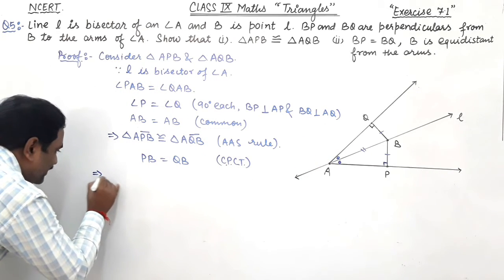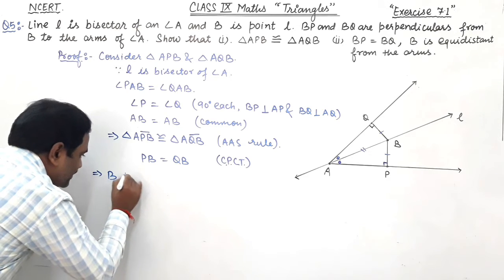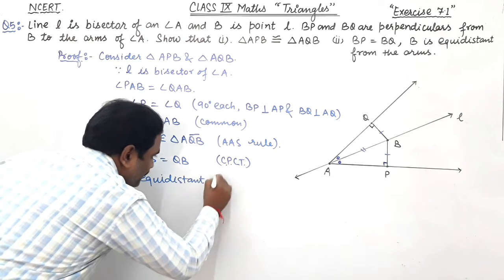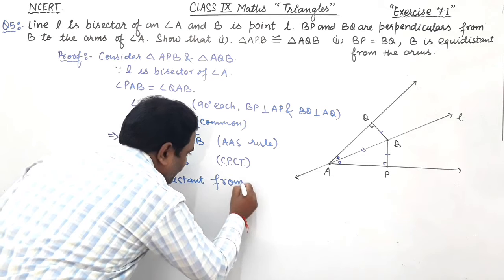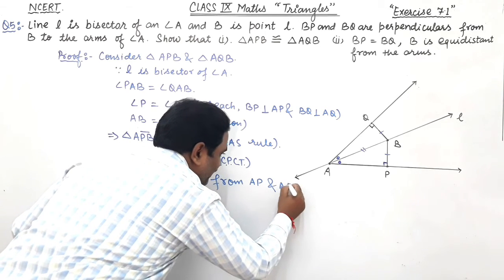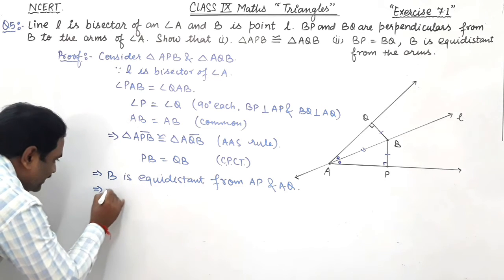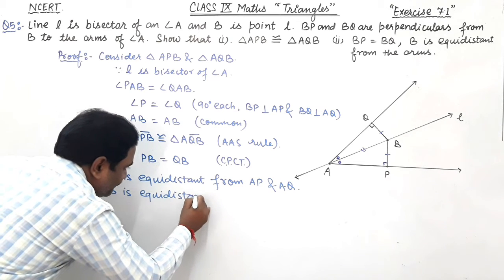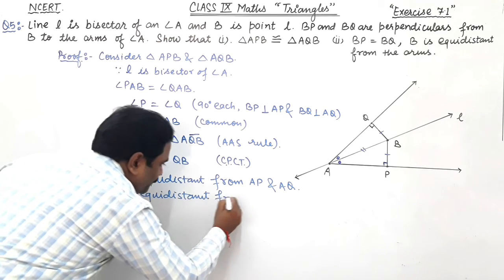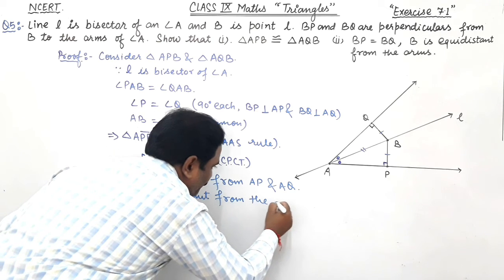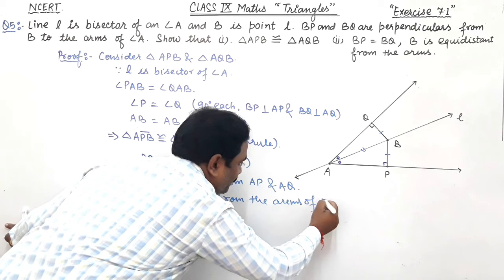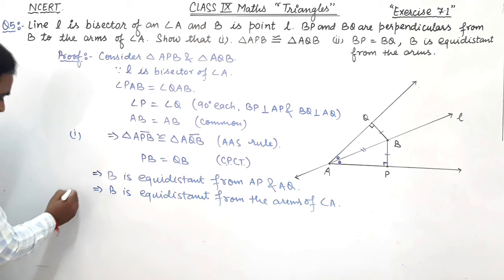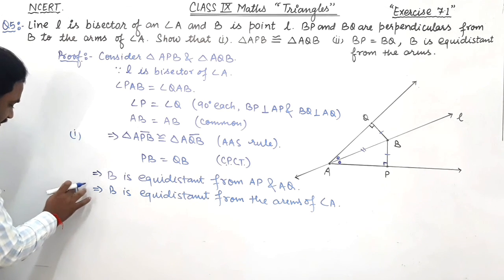Therefore, you can say B is equidistant from AP and AQ, or you can say that B is equidistant from the arms of angle A. So this was your first part and this was your second part, right friends?